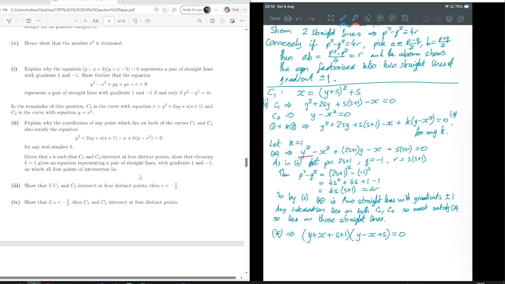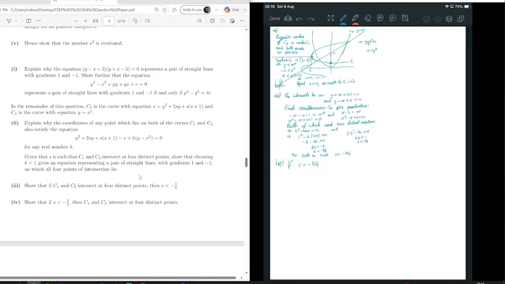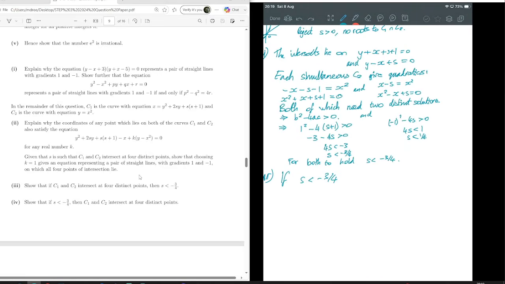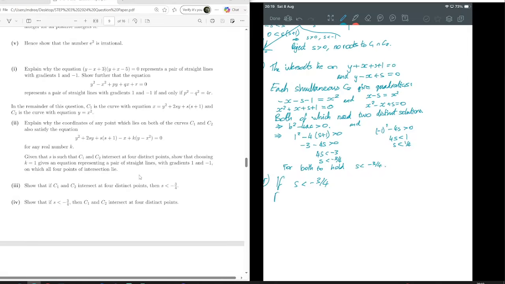So we just need to find those points of intersection. So if s is less than -3/4, recall the intersections. Now, yeah, any point of intersection is going to lie on these two straight lines.